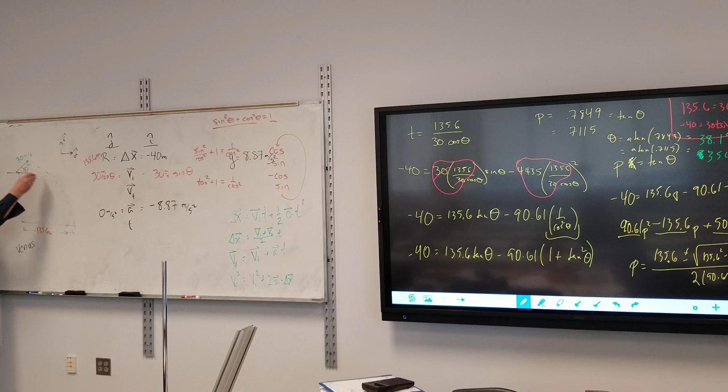One of which will go like that, and there's one that's a little bit smaller that's going to have more of a horizontal component, less of a vertical, but it's going to be more like that, and hit the exact same spot. If we ended up with a negative angle as one of the solutions, then that meant that there's one solution where it could be thrown in that direction to hit the same spot.